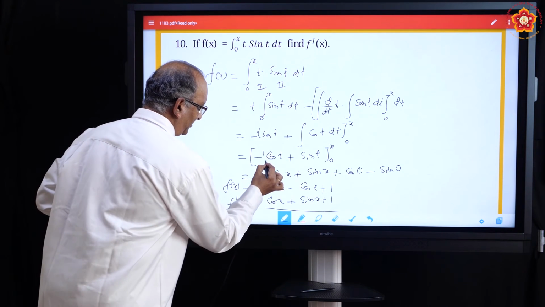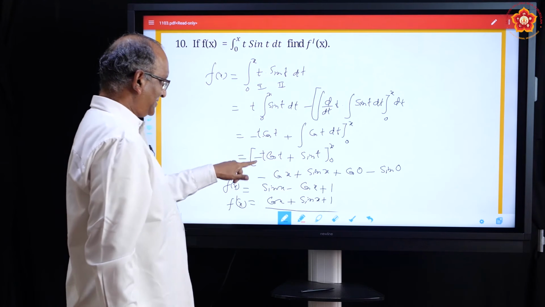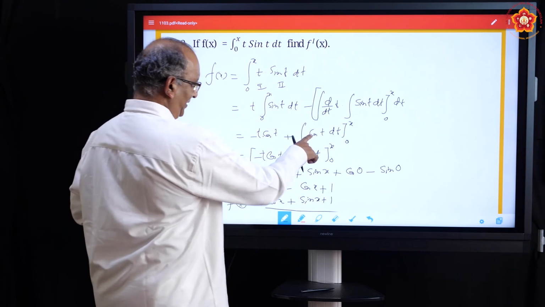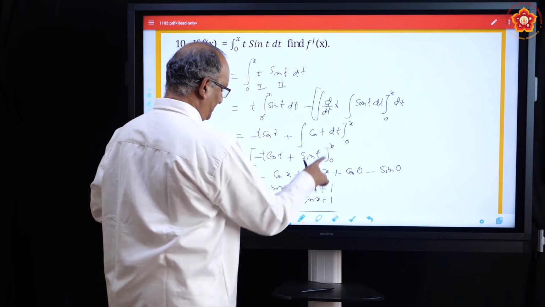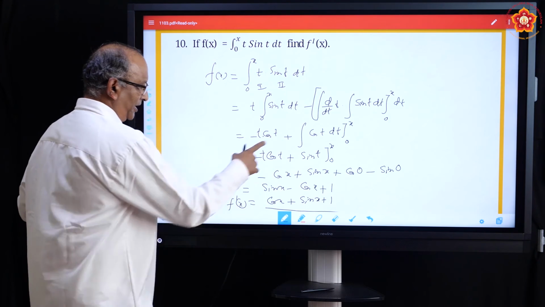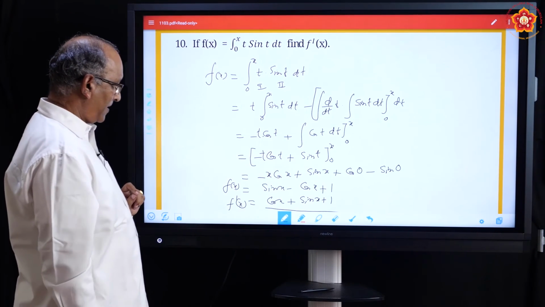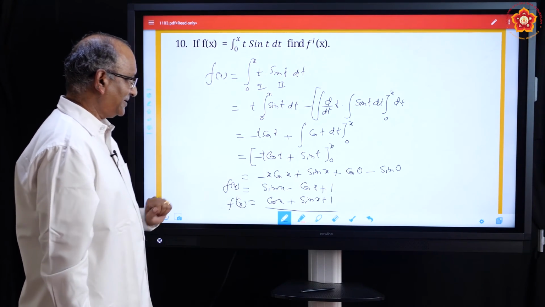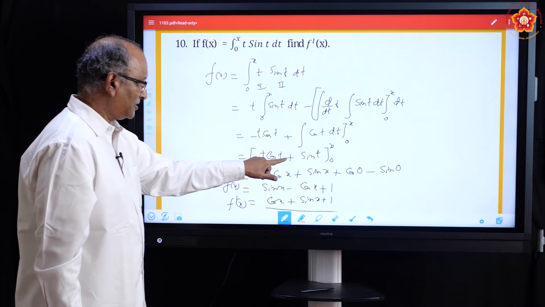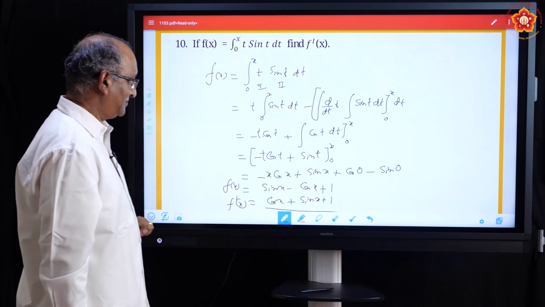So this t we have to keep writing. Minus t cos t, and integral of cos t is sin t. Limits are 0 to x, so you have to substitute x. So minus x cos x, and then sin x.